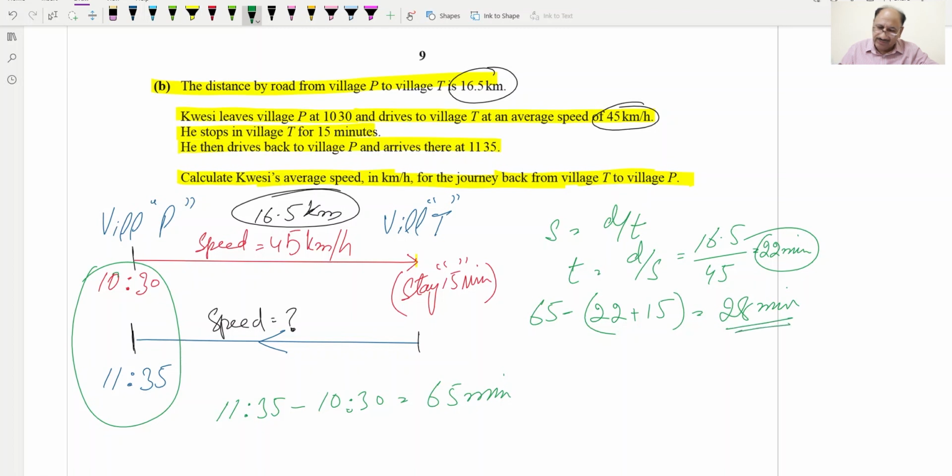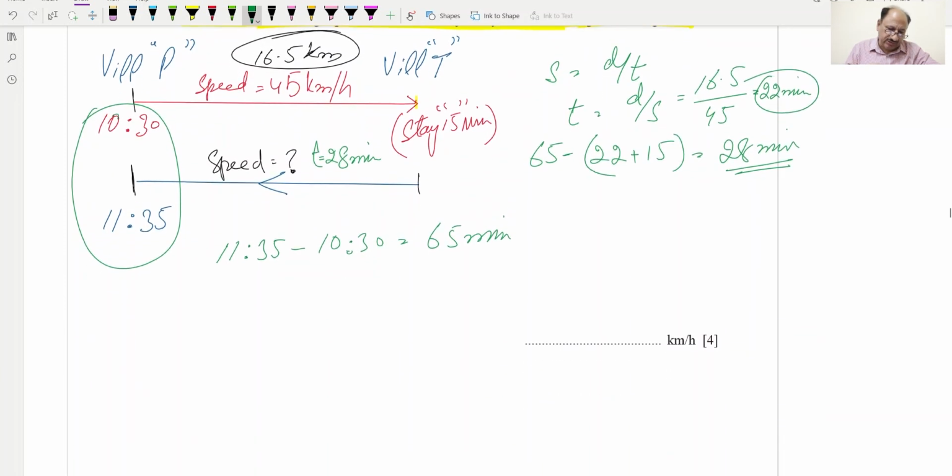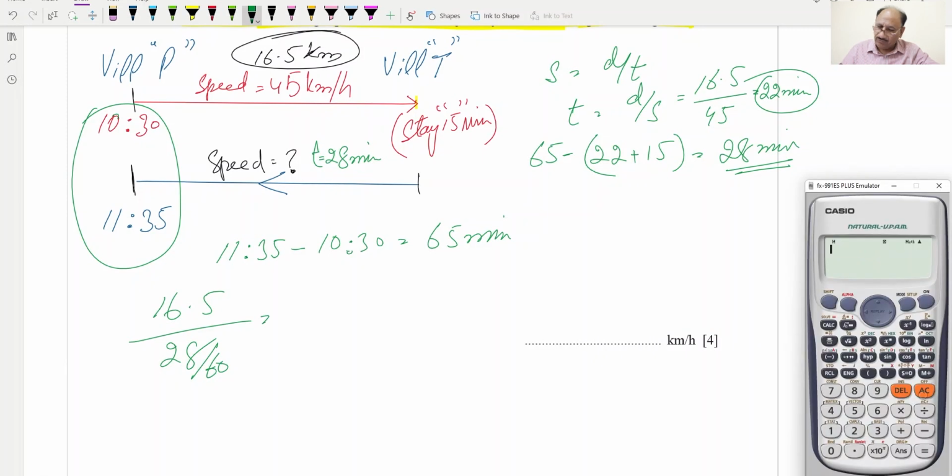So it means that he has taken 28 minutes for the return journey. For the return journey 28 minutes, and the distance will remain the same. And the distance is 16.5, divided by 28 minutes for the return journey. Because we need time in hours, we will divide the minutes by 60.